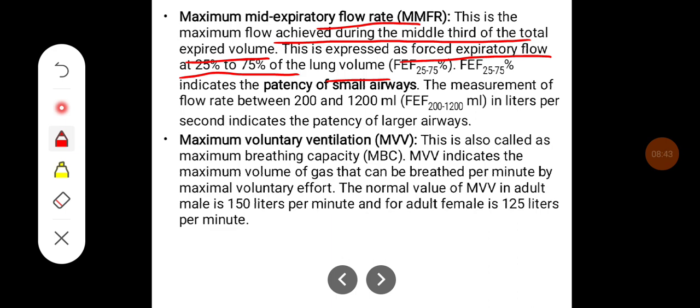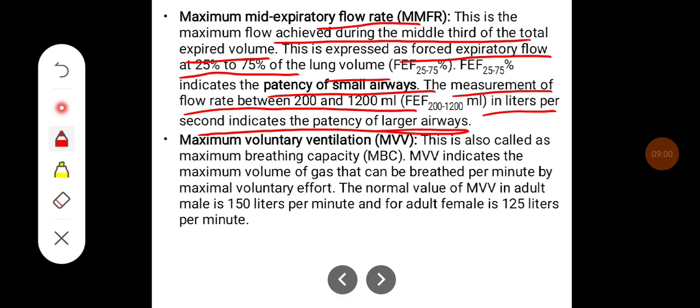So FEF 25 to 75% indicates the patency of small airways. The measurement of the flow rate between 200 to 1200 ml, that is FEF 200 to 1200, in liters per second, indicates patency of larger airways.